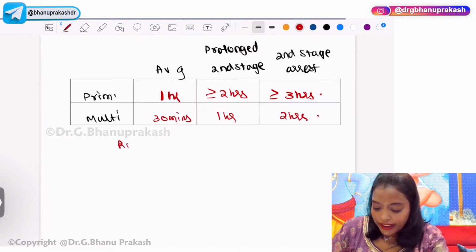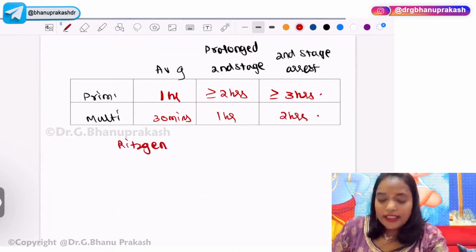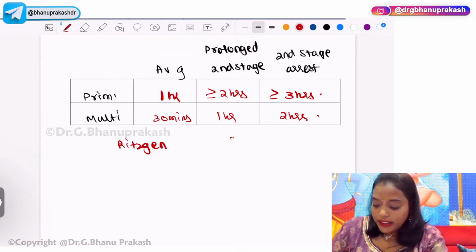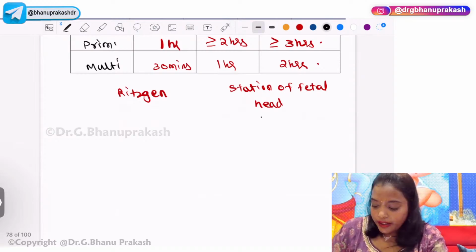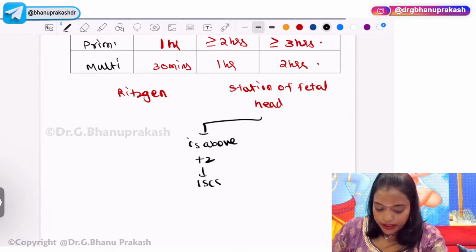Normally, how do we conduct the delivery in second stage? It's called Ritgen's method. When it is a prolonged second stage or second stage arrest, check the station of the fetal head. If the fetal head is above +2, go for LSCS.